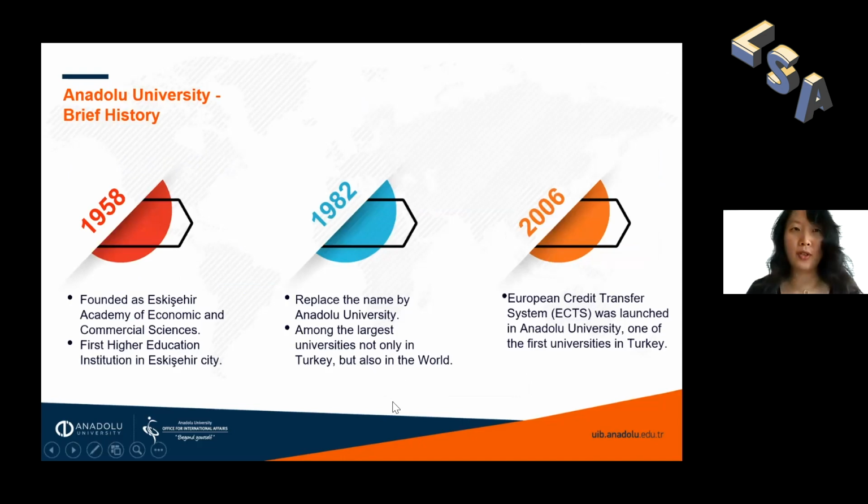Here, I would like to introduce something about Anadolu University. Anadolu University was established in 1958 as the Eskişehir Academy of Economics and Commercial Sciences. During this nearly 60 years of history, we have had two turning points. In 1982, this university was renamed the current Anadolu University, and in the same year, we launched distance education.